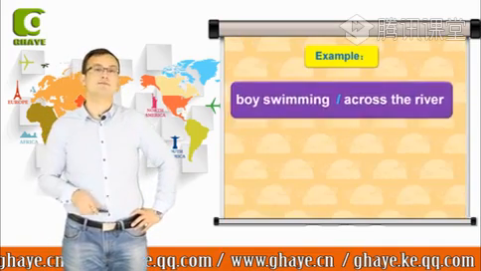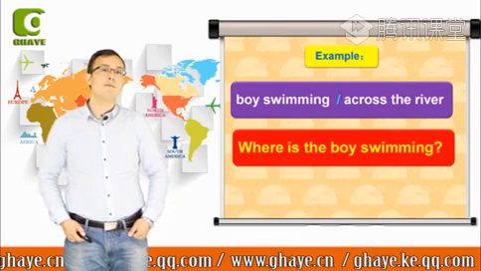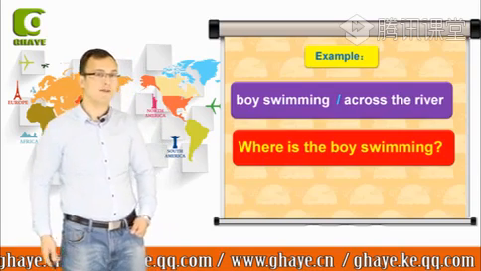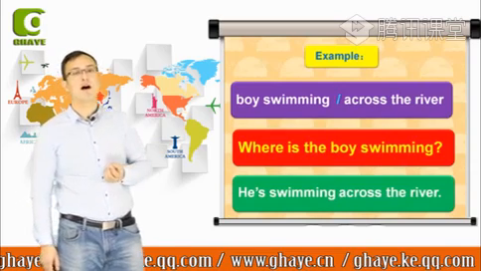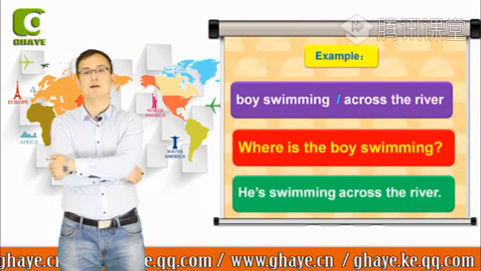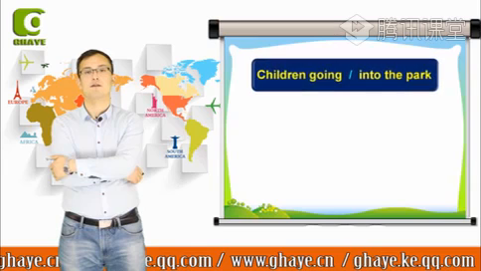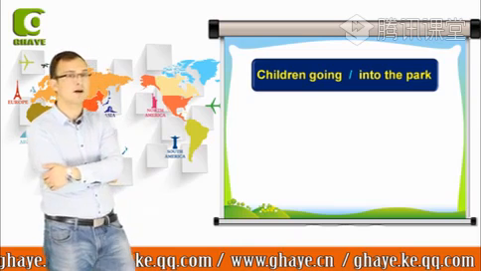Boy swimming across the river. Where is the boy swimming? He's swimming across the river. Children going into the park.